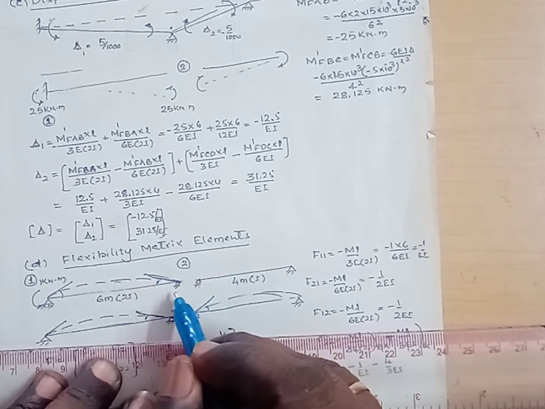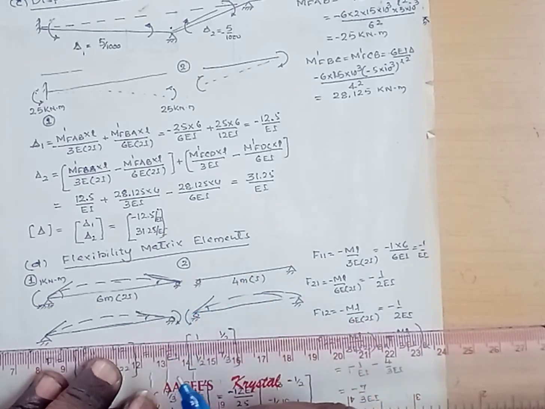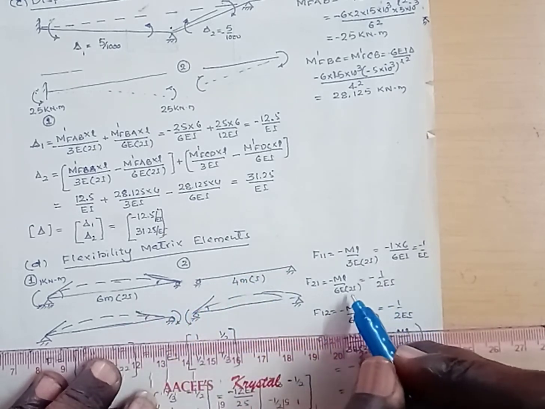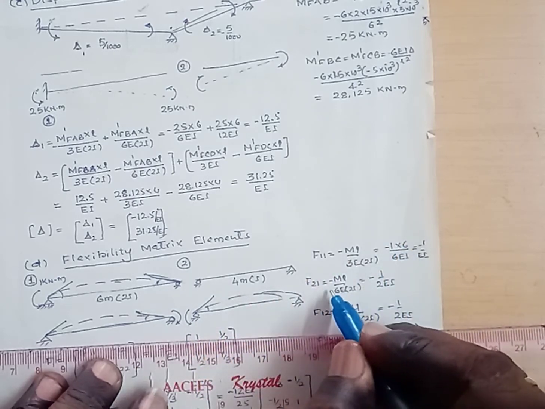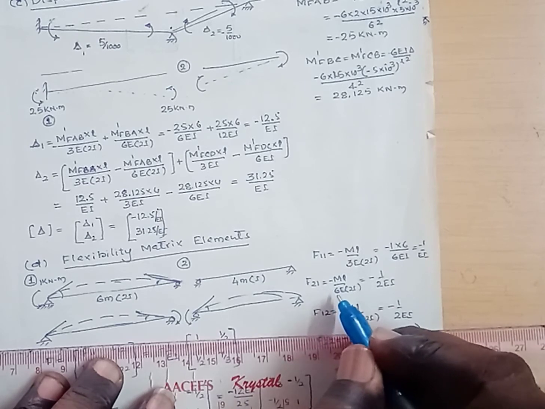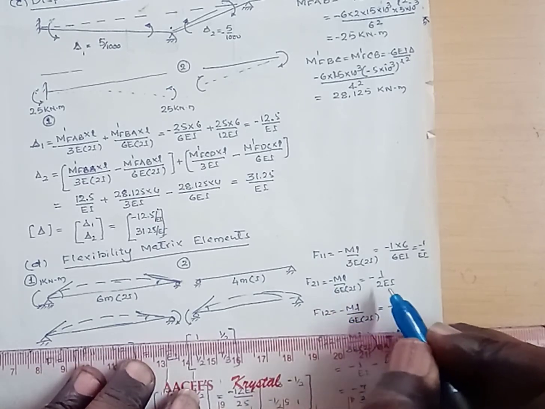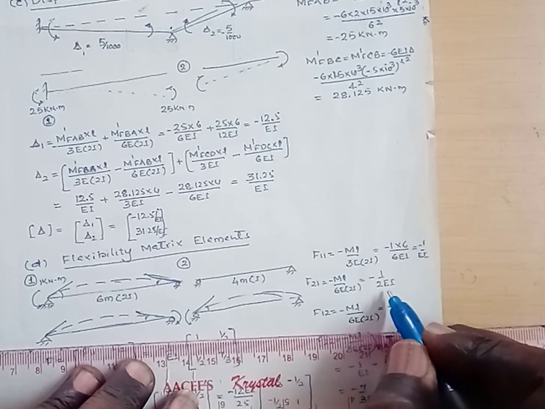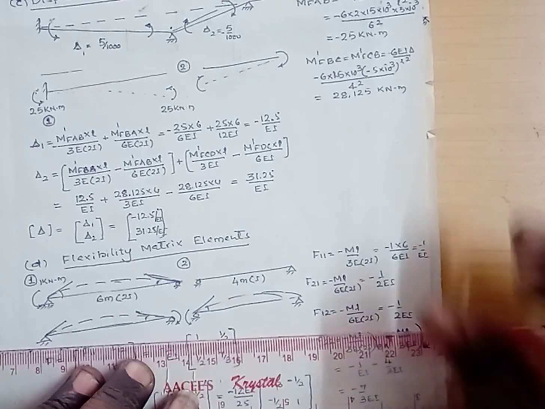In span BA, there is no effect in span BC. The displacement at 2 due to the unit load applied at 1 is given by ML divided by 6EI, that is negative since the moment applied is a unit hogging moment. Hence by substituting the values and simplification, you will get minus 1 divided by 2EI.